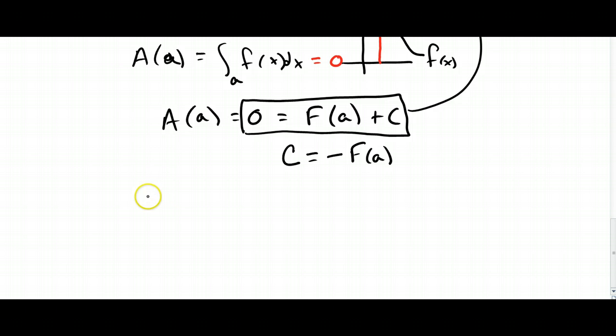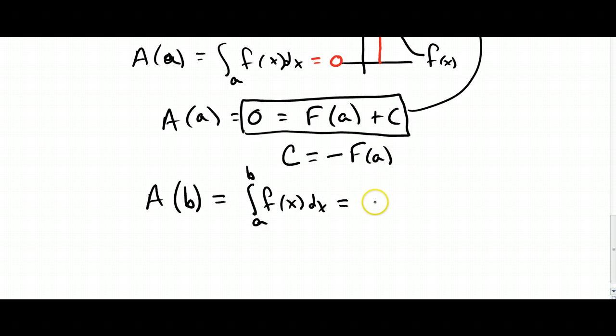Let's try another one. What if I had A of B? Well, that means I'm going with my antiderivative or my integral from A to B of f of x dx. Well, if I use the other expression that we just had, A of B is capital F of B plus C. Oh, now wait a second. We just came up with an expression for what C was.